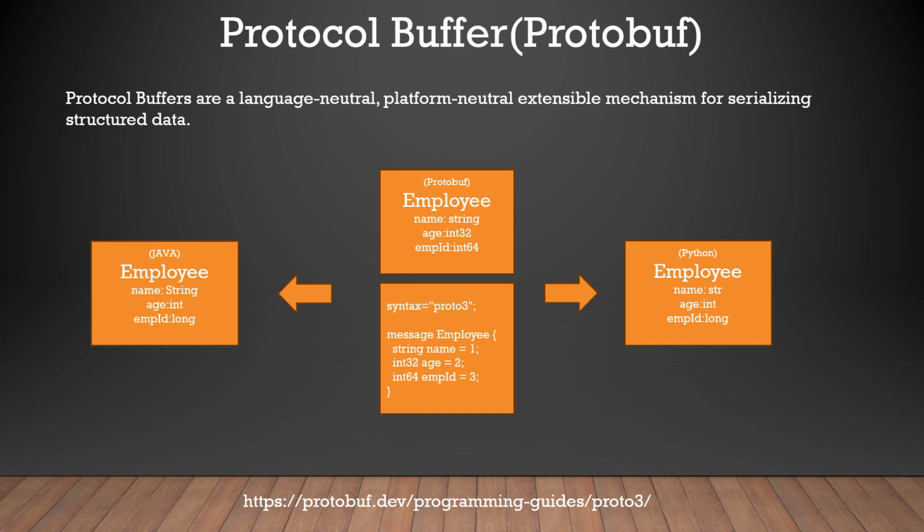In this case, it is the Python application. There, the serialized data is deserialized into a Python specific object. Then the response will be serialized and sent out. That serialized data on the Java side will be deserialized into a Java specific object. That's the way the data communication works. If you want to know more about protobuf, the link is given here. You can visit that site and learn more about protobuf.